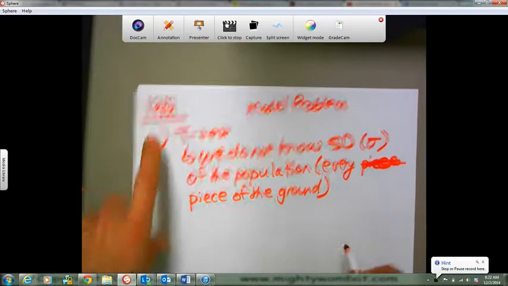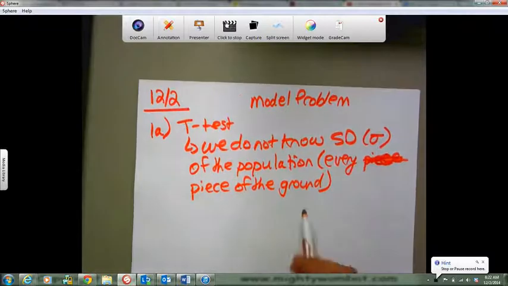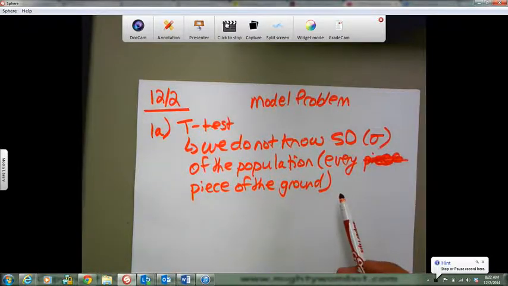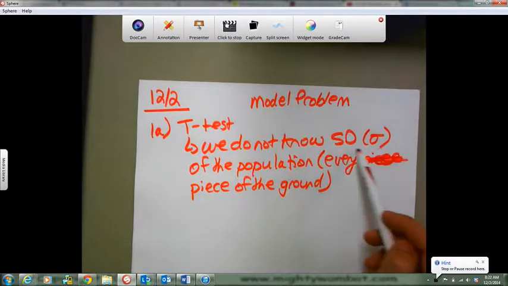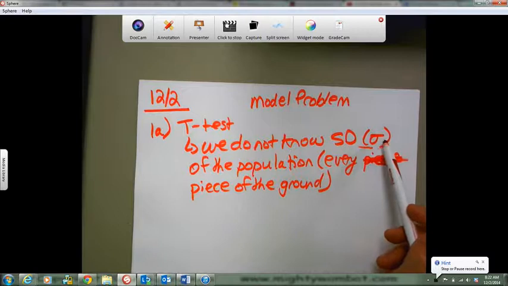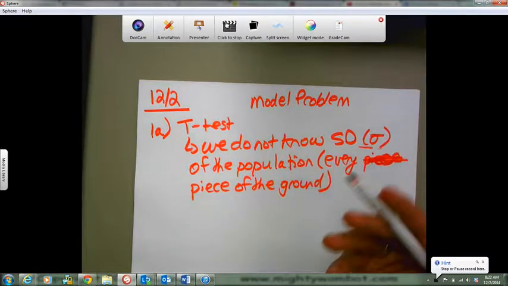Right? It's not possible for us to know the standard deviation of the population. In other words, of every little piece of ground to know the standard deviation of the water there. That's crazy. Nobody could know that. Therefore, we need to use a t-test. If, by some miracle, we had known this, we could have used a z-test, which we've been calling normal CDF.